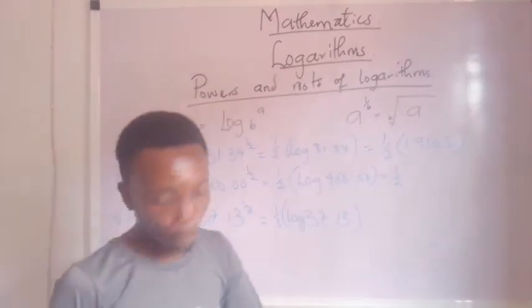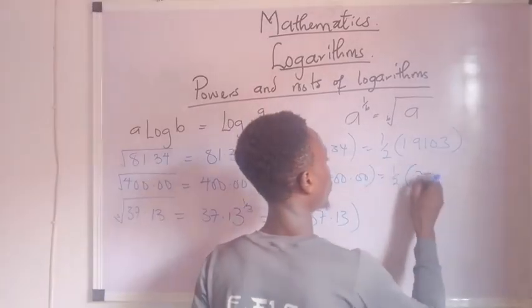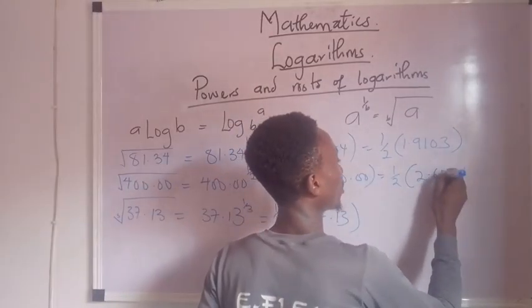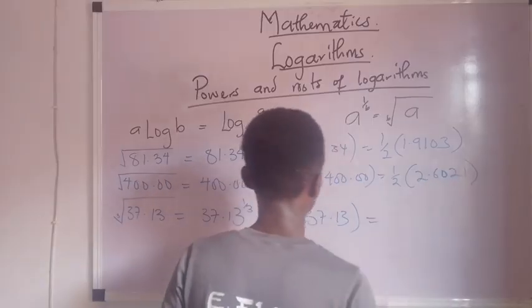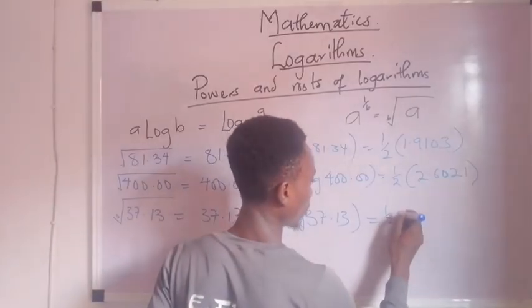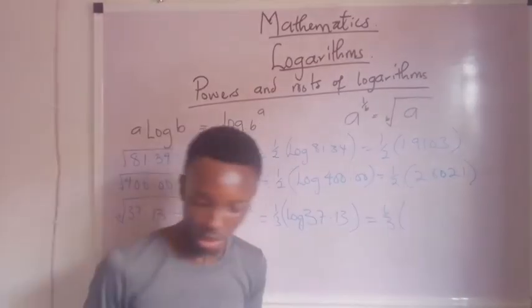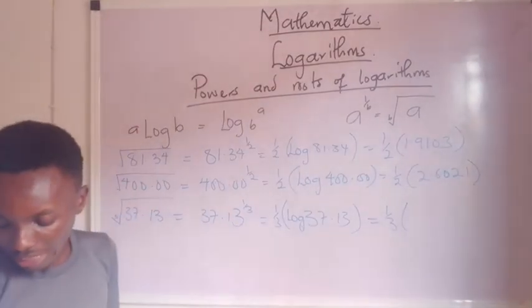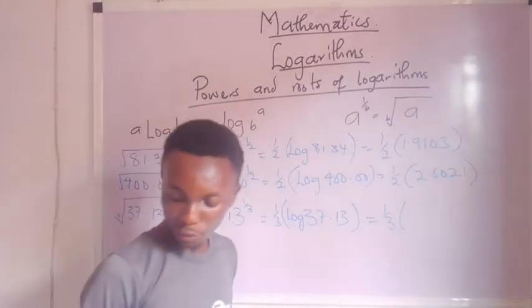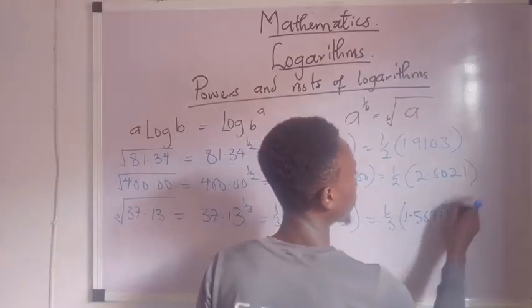Now, log 400.00 is 2.6021, and we multiply it by whatever fraction is here. Now, log 37.13 is 1.5697.